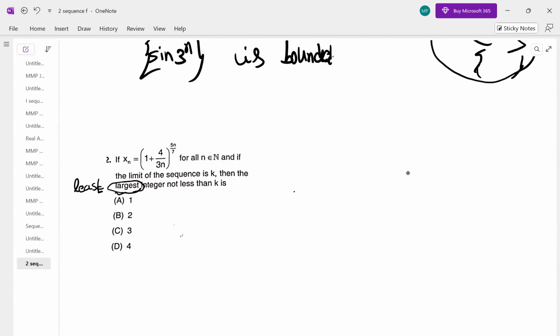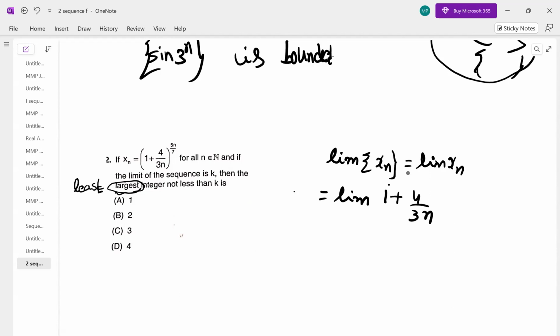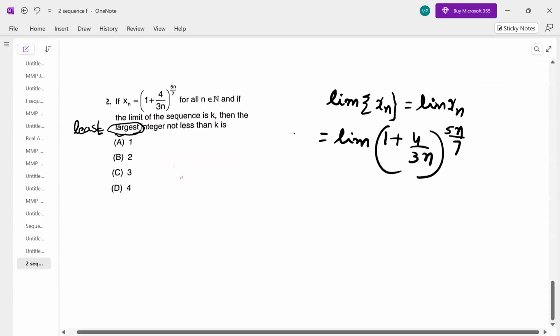Let us see. Very interesting. So here if I take the limit of xn, the limit of the sequence is k. How to find the limit? This is the nth term of the sequence. So limit of xn is limit of n tending to infinity of (1 plus 4/3n) whole power 5n by 7.